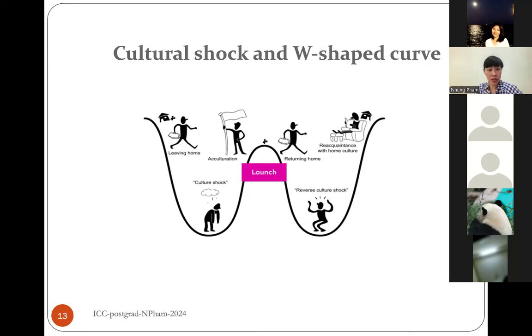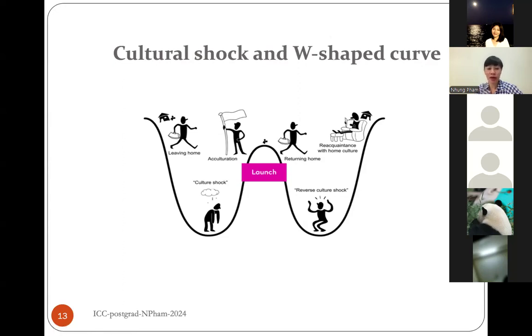Okay, this is called U-shaped curve. It is used to refer to that journey that a person often experiences when they have the opportunity to be exposed to a new culture, and then they get to go back to their home culture.